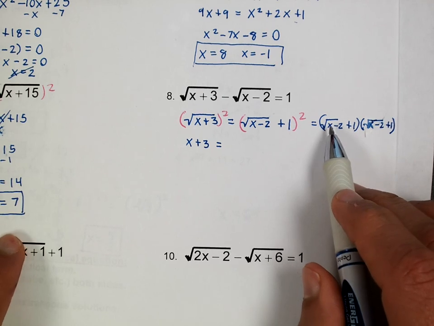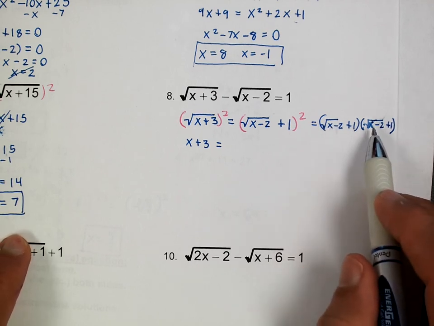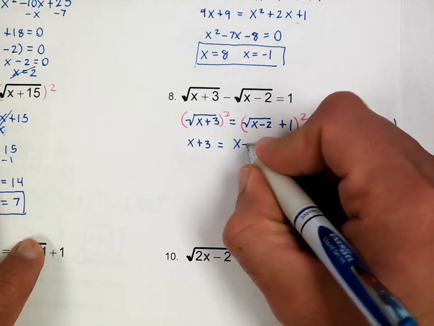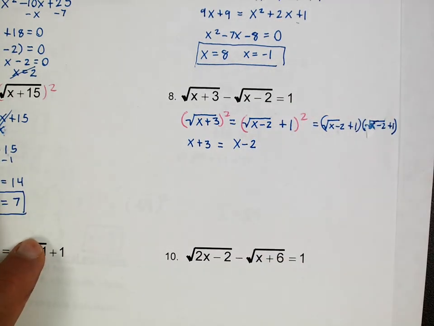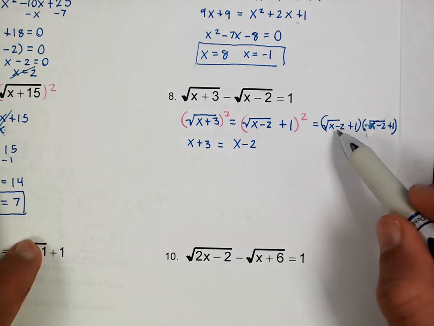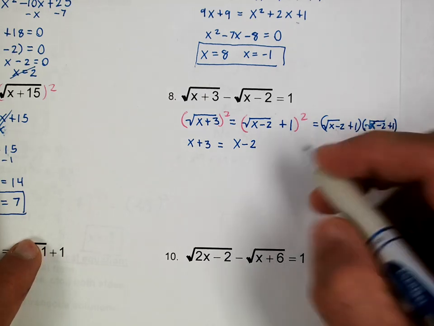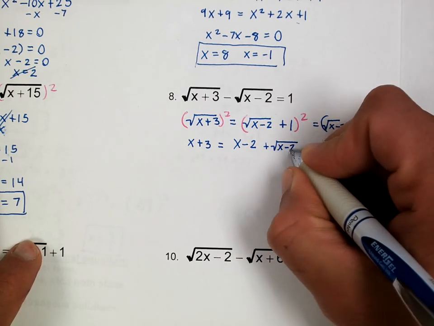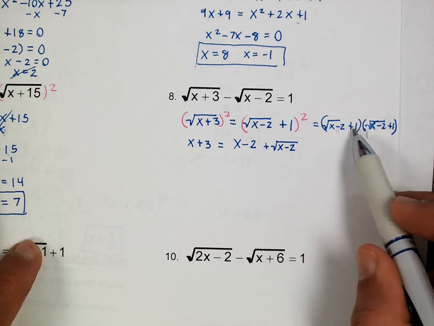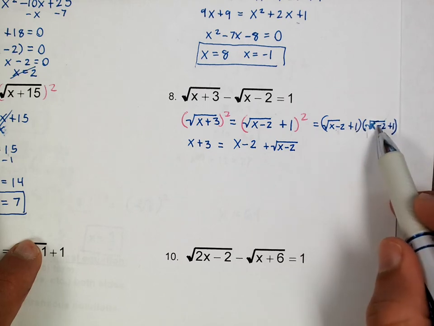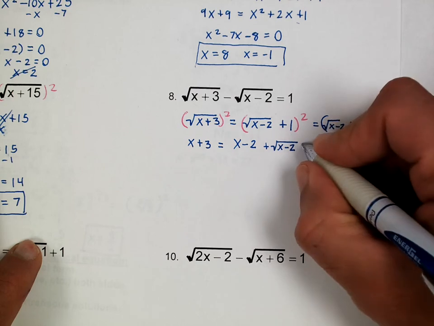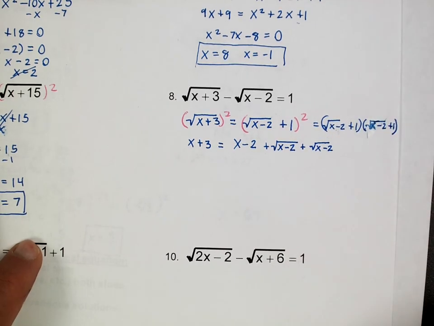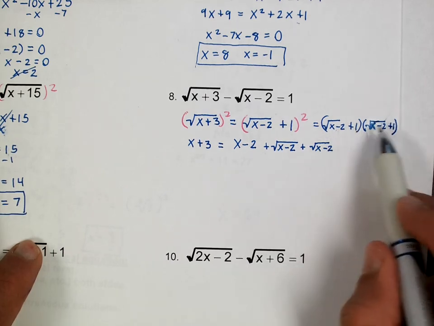The square root of x minus 2 times the square root of x minus 2, the square roots would cancel, and I end up just with x minus 2. Now the middle term would be the square root of x minus 2 times 1, which would be the square root of x minus 2. Okay, well that's not too bad. And then now we're going to multiply this times this. So 1 times this gives you again the square root of x minus 2, like that. Finally, you have 1 times 1, which is 1.